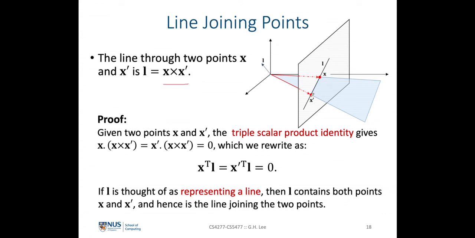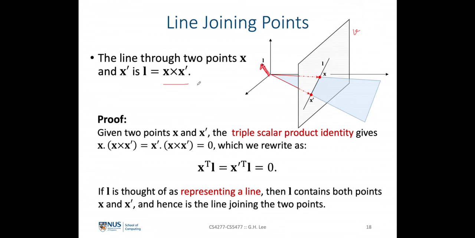The cross product of these two, since they lie on the same plane, gives rise to a perpendicular normal vector, which we denote as L. This L represents this particular plane that intersects the plane K at the line represented by L.